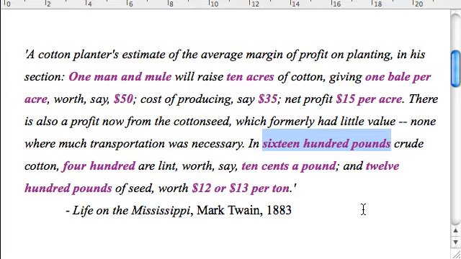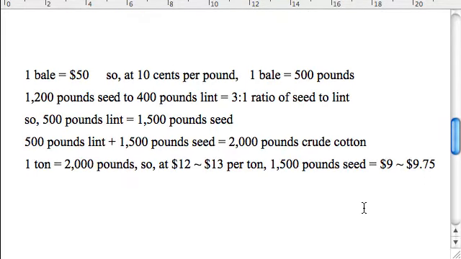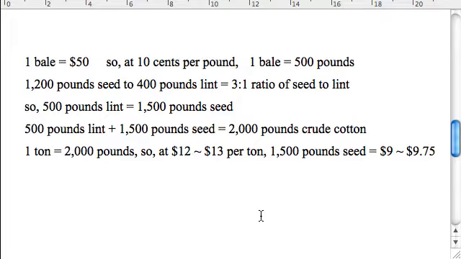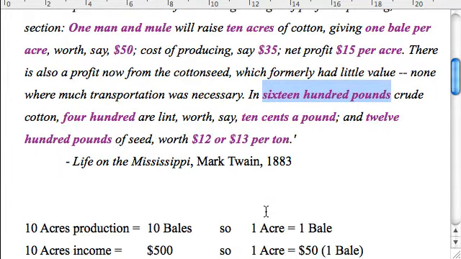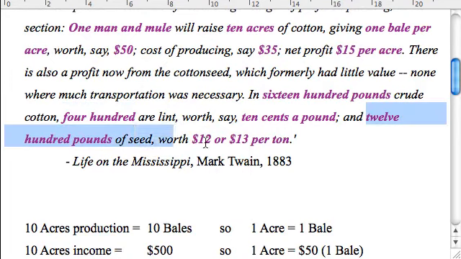500 pounds is a bale. How do we know this? Well, 1 bale is $50. We're told that lint is worth 10 cents a pound, and so 1 bale has to be 500 pounds. And we're told up here that we have 1,600 pounds of crude cotton giving us 400 of ginned lint and 1,200 of seed, so the ratio of lint to seed is 1 to 3 or 3 to 1.